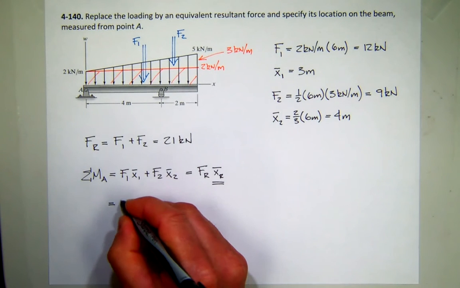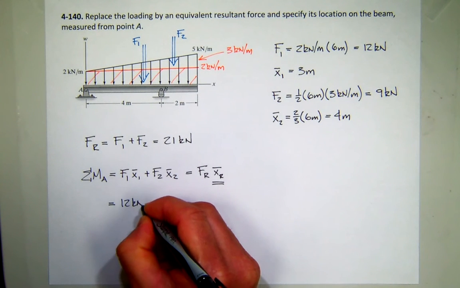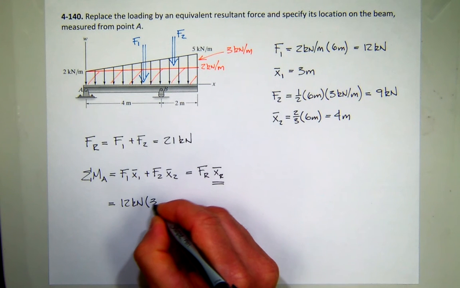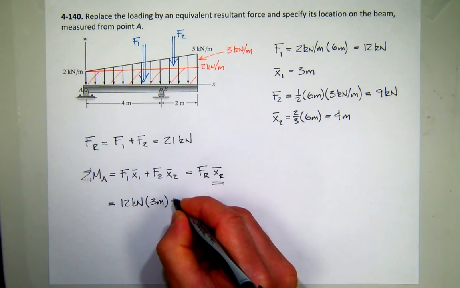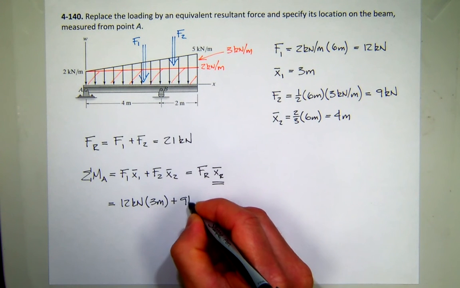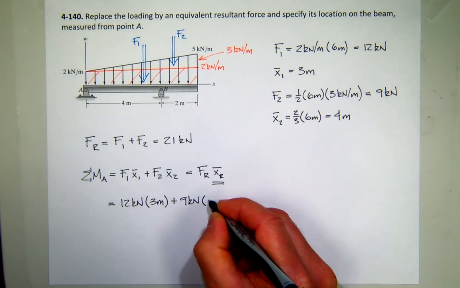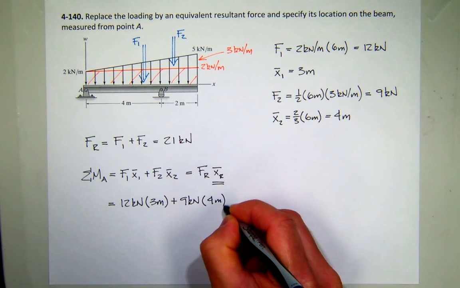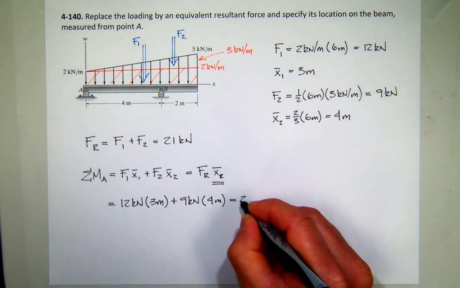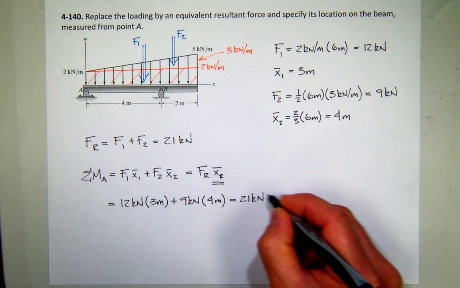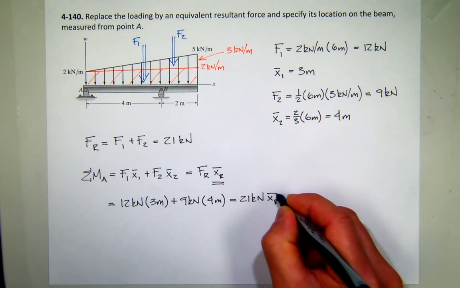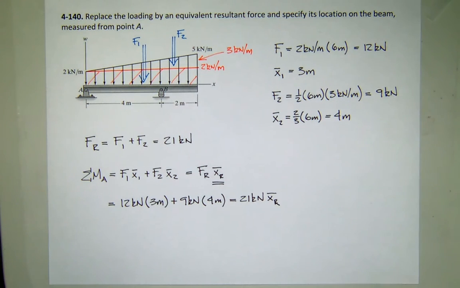So F1 is going to be 12 kilonewtons times 3 meters. F2 is 9 kilonewtons times 4 meters. And that should be equal to our 21 kilonewton force times the distance from A to it.